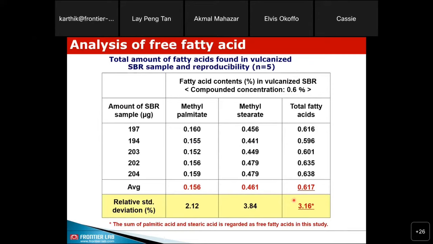So what we have shown here, there are two kinds of acid present, palmitic acid and stearic acid. In both cases, we have shown the RSD can be less than 5%. So for total free acids, generally it is a summation of both. So by using this hydrolysis methylation technique, you can really have good precision in your analysis.